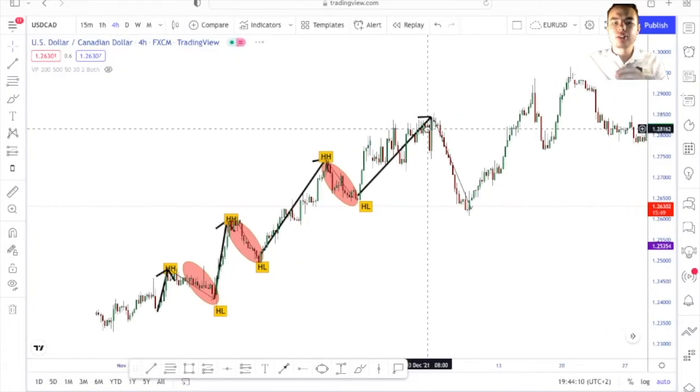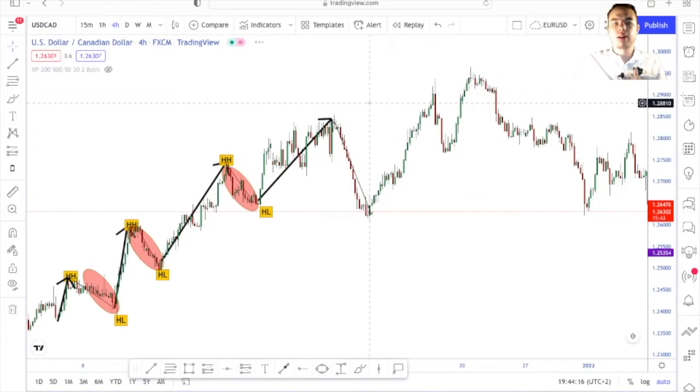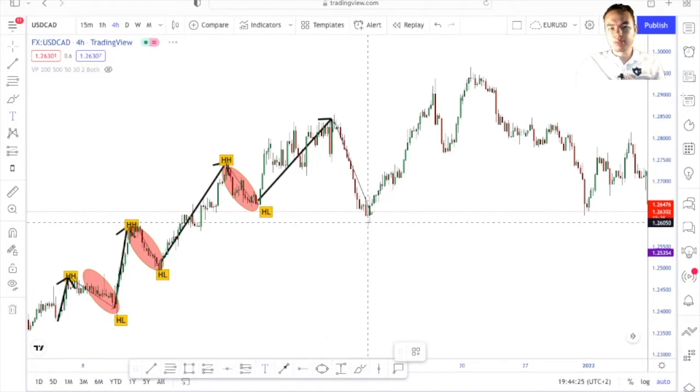All right, this is a continuation of the retracement example on USD CAD, but I want to show you the reversal. As you can see, price made an equal low this time.